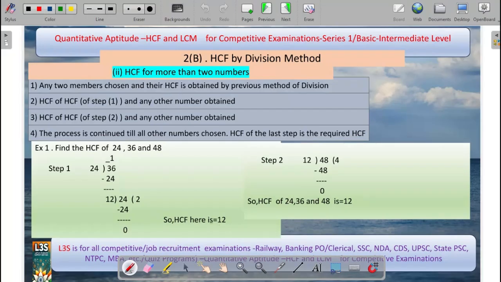Now we consider 12 and 48. 12 into 4 is 48, and the remainder is 0. So the last step HCF is 12. So the HCF of 24, 36 and 48 is 12 only.